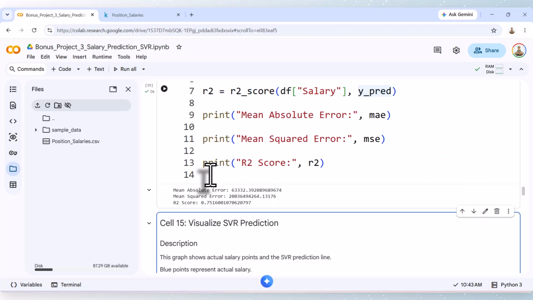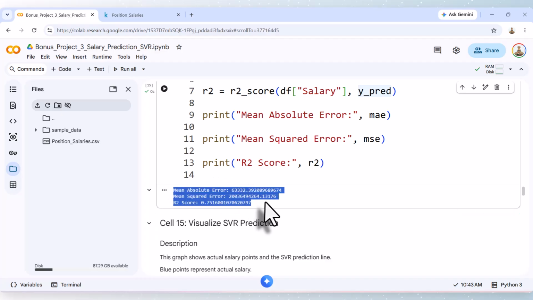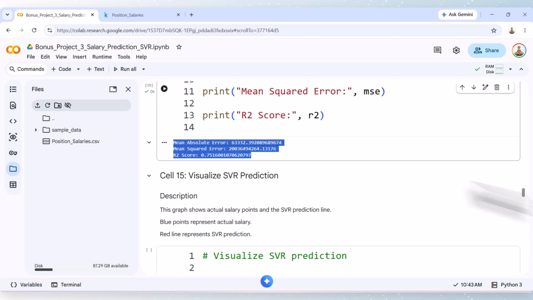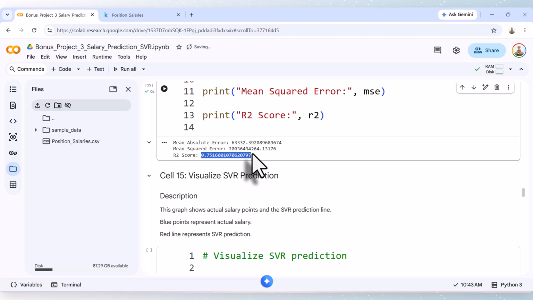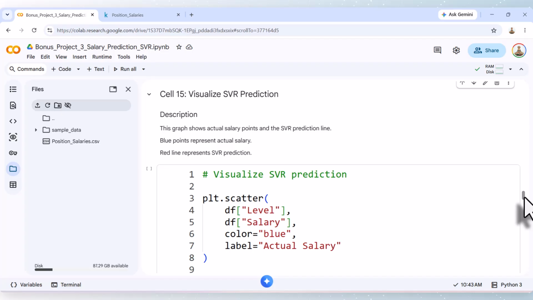Now you can notice that R2 is 0.75, which indicates that the model understands 75% of the data. Still we can improve the other 25%. We can apply different kinds of optimization algorithms to improve this model.